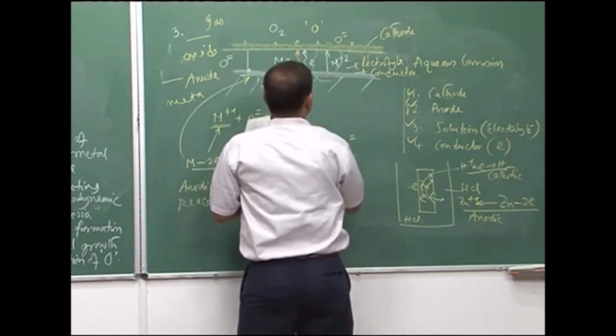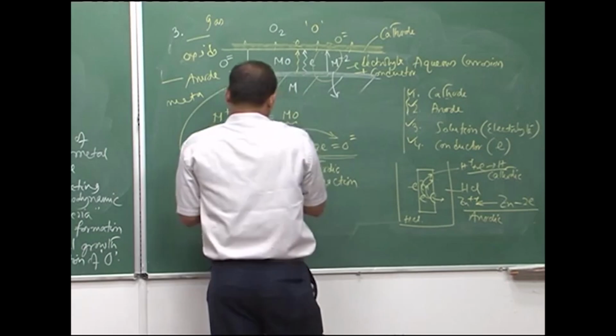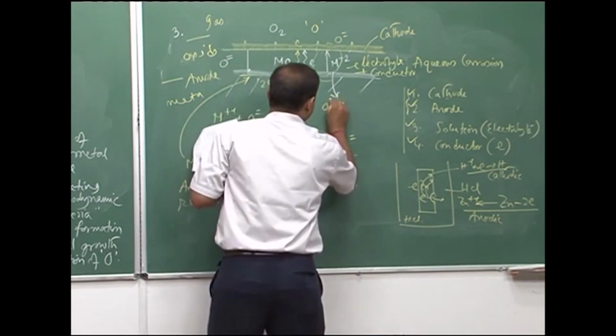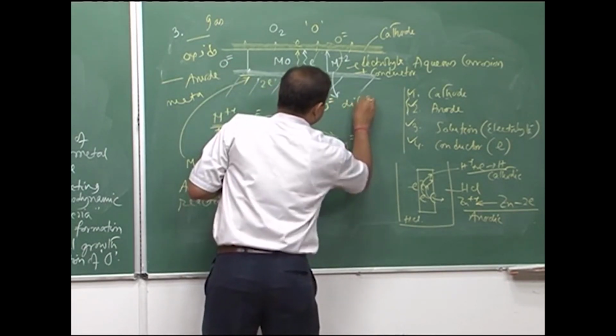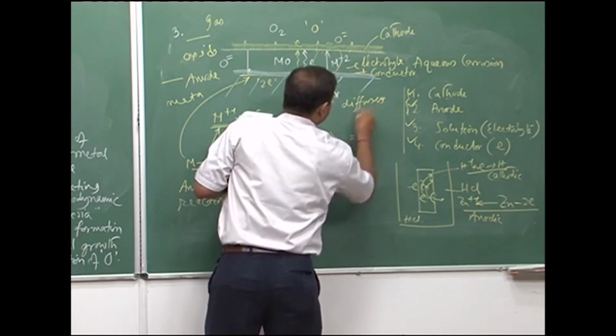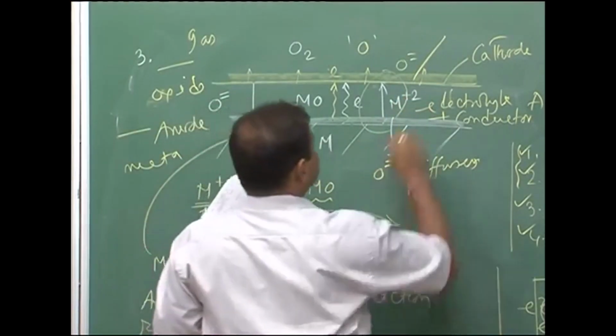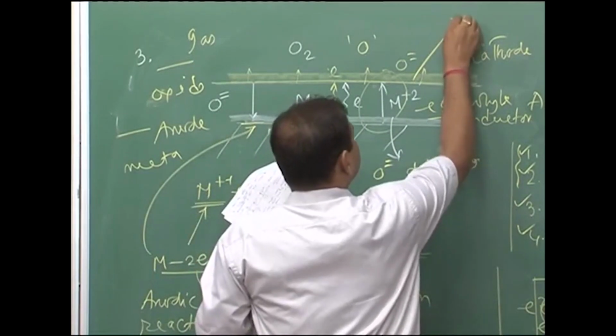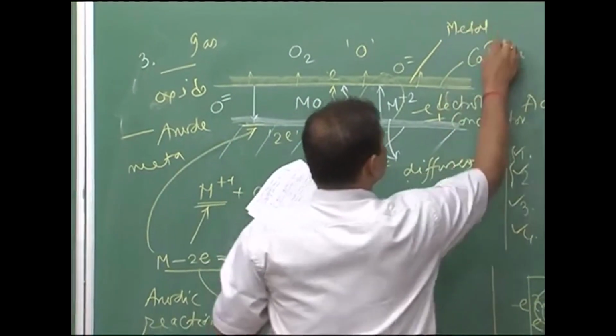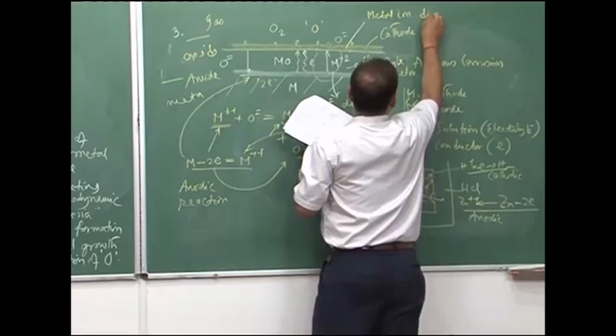So, this process is when oxygen diffuses in, and the other is the case where the metal ion diffuses out.